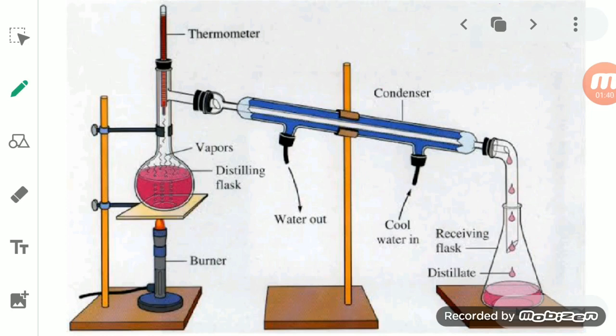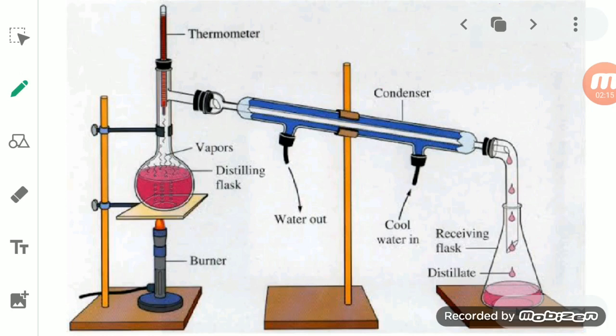But in case of distillation, if we want to separate both components from each other, and we want both components individually, the liquid as well as the solid, to obtain the liquid also along with the solid, we can use this separating technique, that is distillation. Now we will start with the distillation.